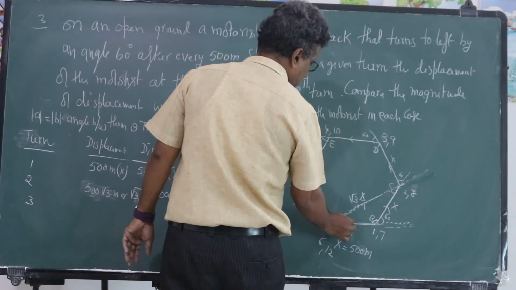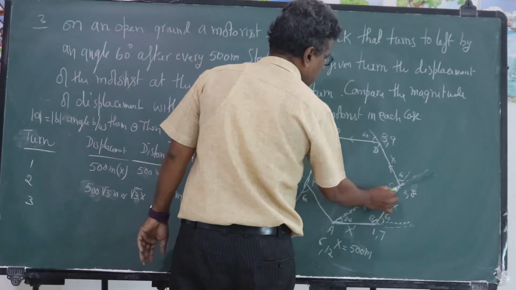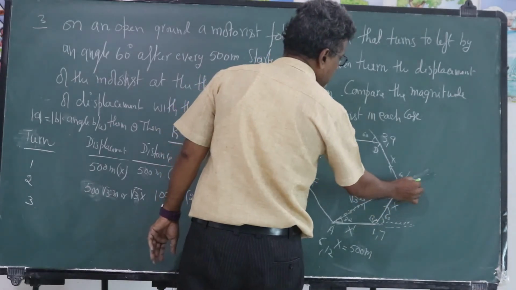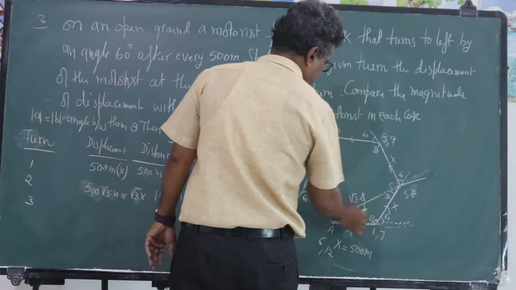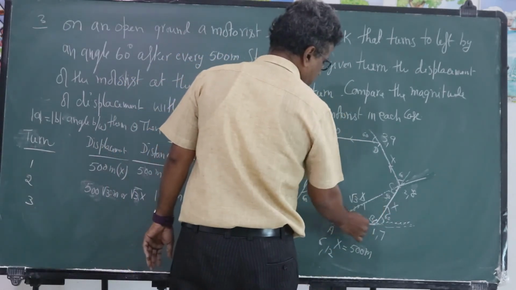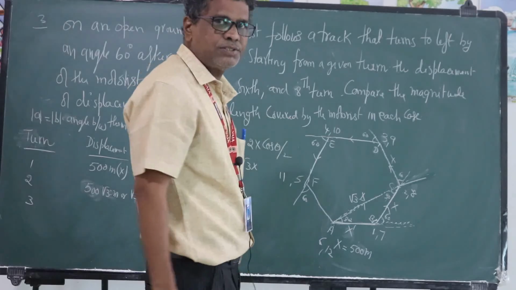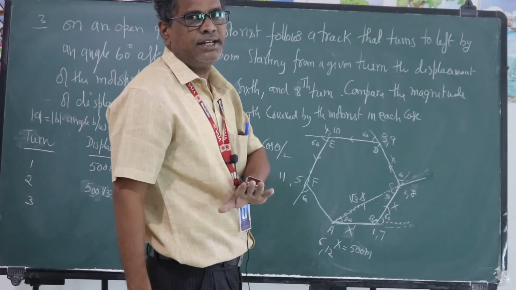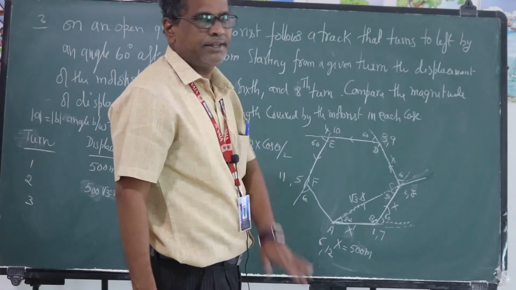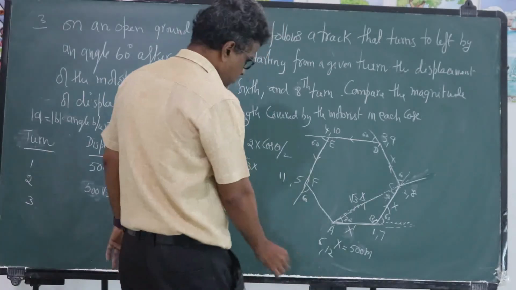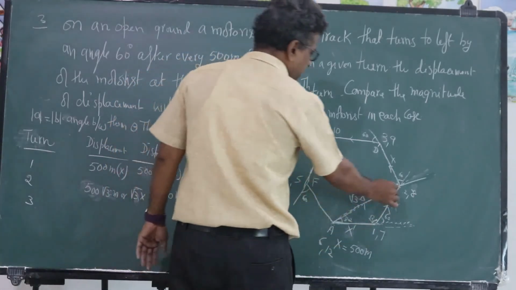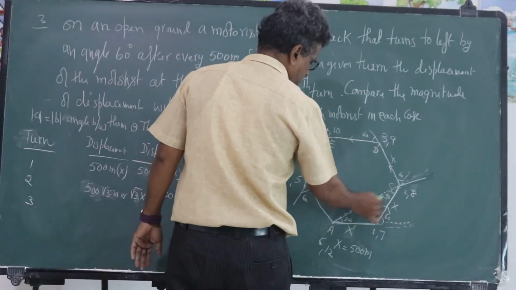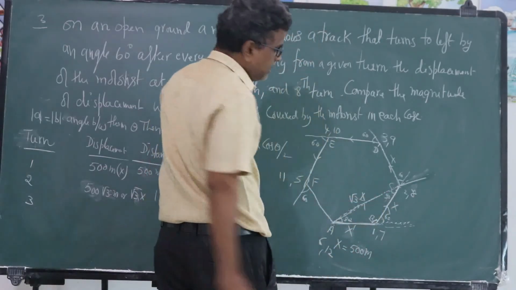So 30 plus 30, it bisects. The sum of the angles in a triangle is 180 degrees, you know that. So here is 120, 30, 30. The remaining 60 degrees bisects into 30 degrees, 30 degrees.